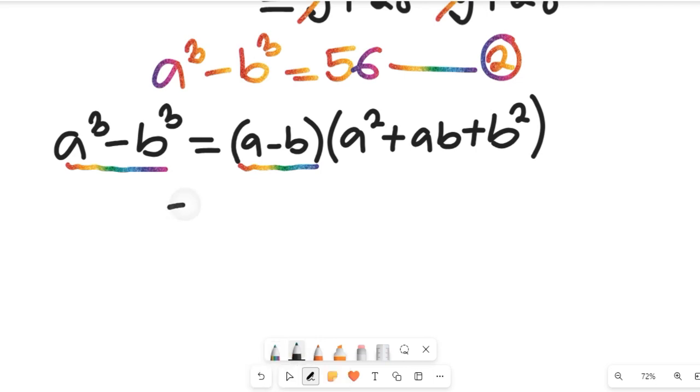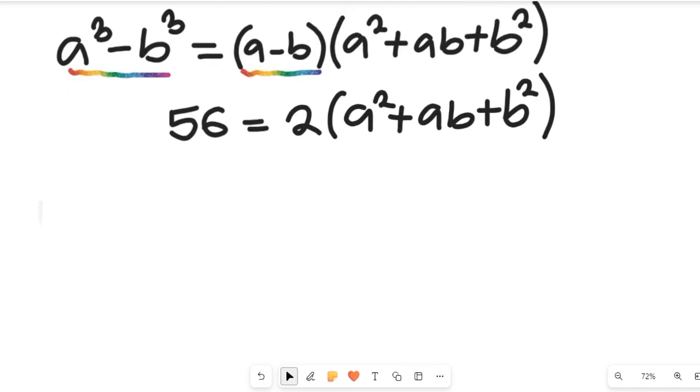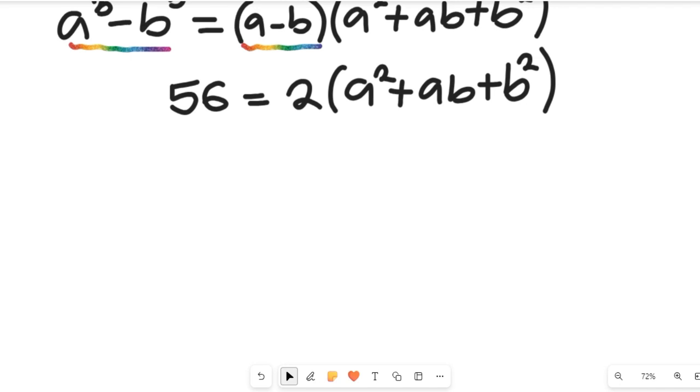So, if we insert them into that expression, we'll have 56 equal to 2 multiplied by a square plus ab plus b square. So the only parameter we're looking for is that long expression.